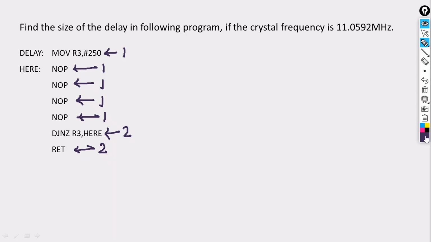Okay, so now if we take a look at this, this is the loop we are having. This is going to execute 250 times. So inside the loop, how many machine cycles do we have? We have 1 plus 1, 2, 3, 4, 4 plus 2, 6. So 6 machine cycles, so 250 into 6, and this is going to be multiplied with 1.085 micro.